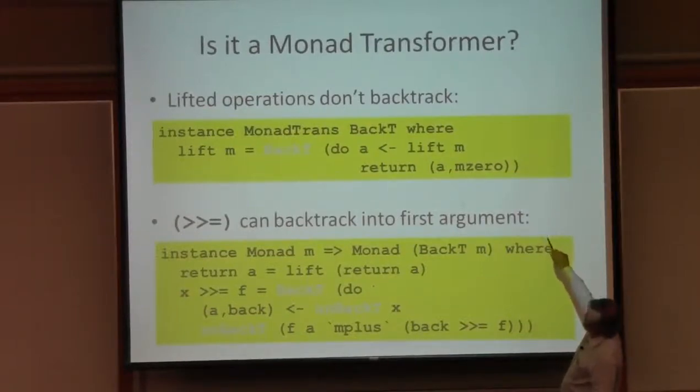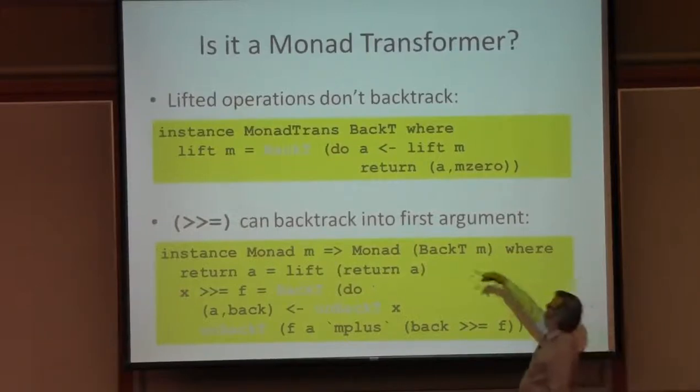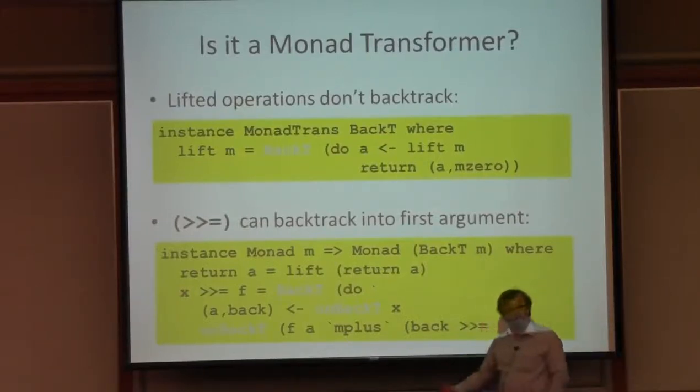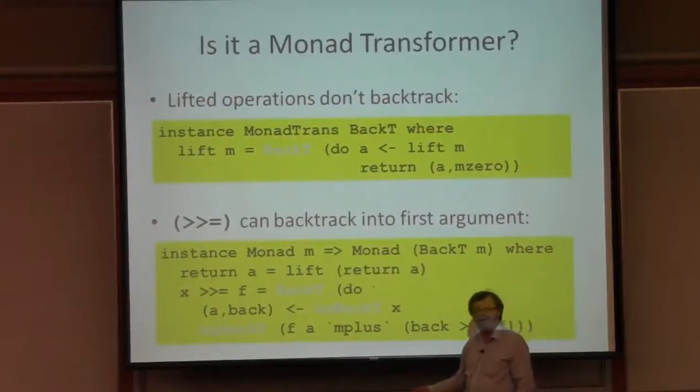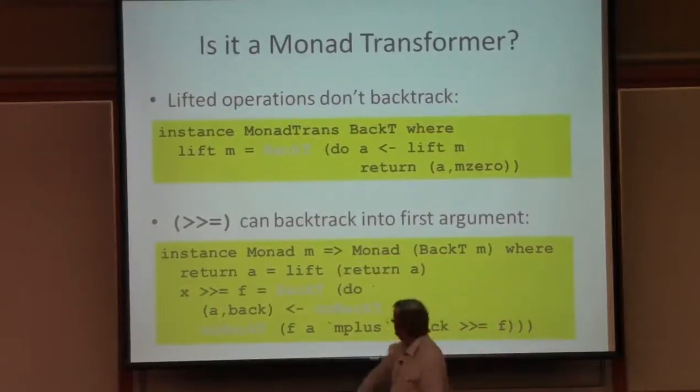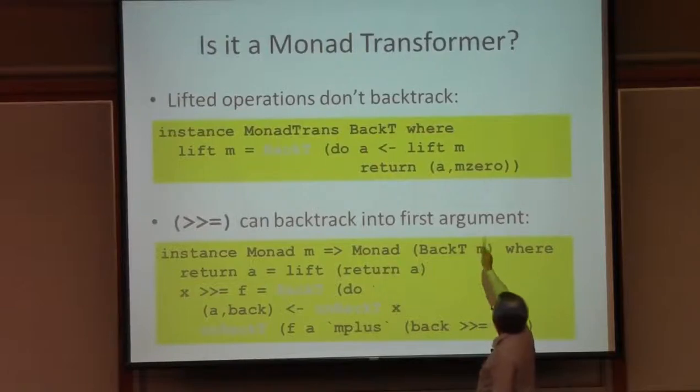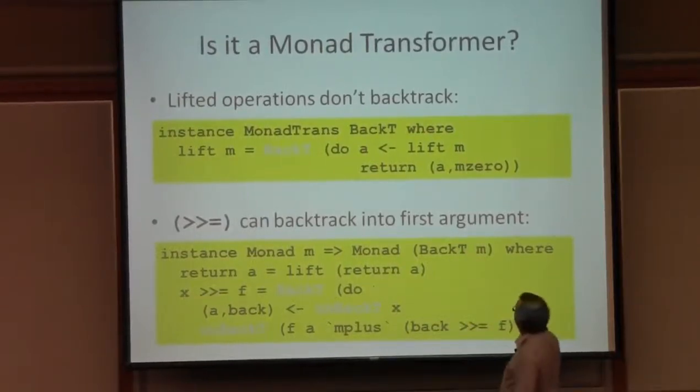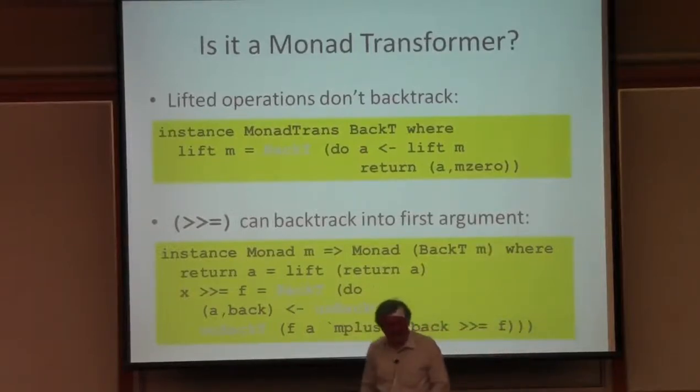So here's the MonadTrans instance. How can I lift an underlying computation? Well, they'll give me a backtracking computation that doesn't backtrack. So I can just perform the underlying computation, lifting it into that monad that's inside backT, and then just return that paired with an mzero. What will bind do?